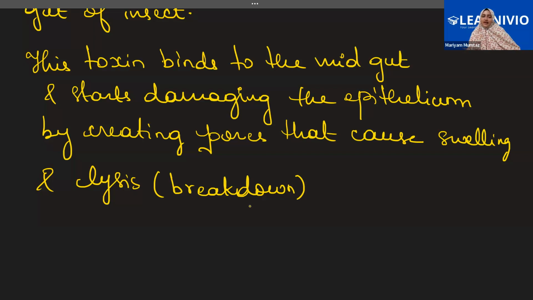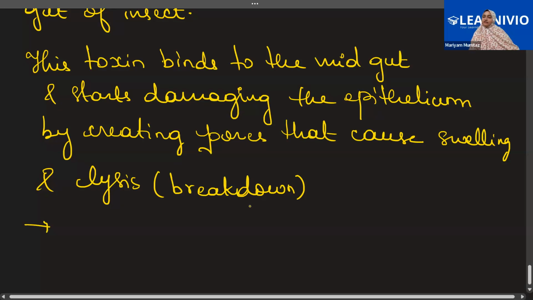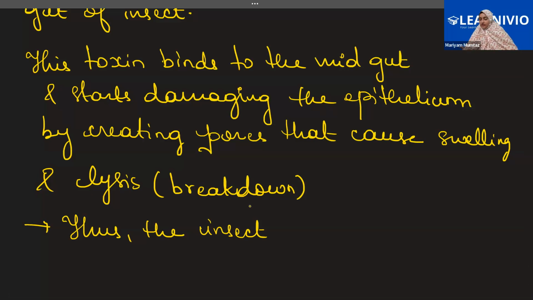And do you think it has any negative impact on the environment? The question is, do you think this procedure, wherein we incorporate the gene into the plant and use it like an insecticide, has a negative impact on the environment?